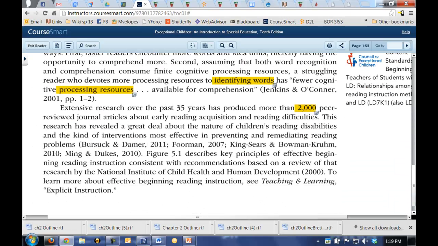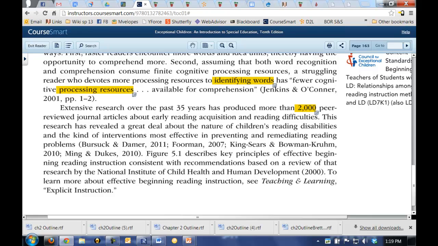Right. Extensive research over the past 35 years has produced more than 2,000 peer-reviewed journal articles about early reading acquisition and reading difficulties. This research has revealed a great deal about the nature of children's reading disability and the kind of interventions most effective in preventing and remediating reading problems.